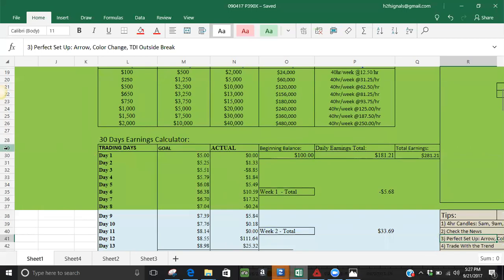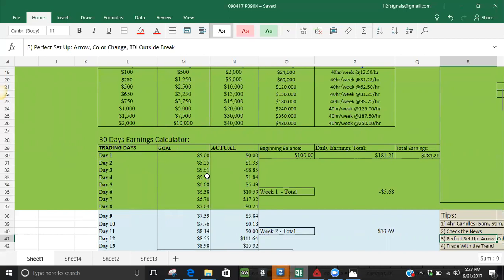And the same as it said to the left over there, trading day 1, your goal is $5. In this example, it was $0 profit that was realized. Okay, so day 2, your goal is $5.25. This person earned $1.33.